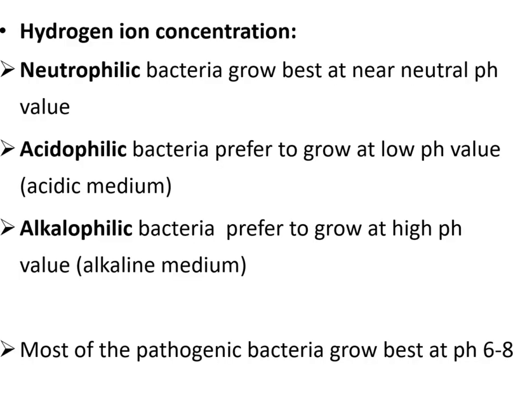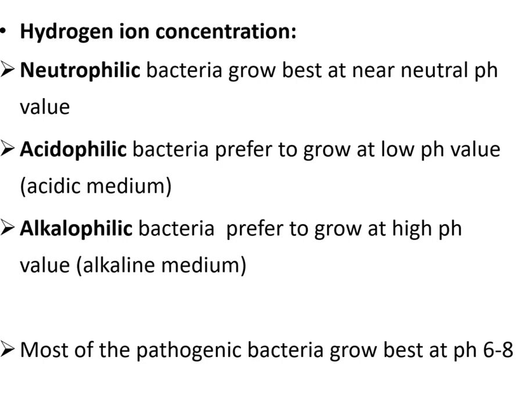Coming to the hydrogen ion concentration, that means pH level. We have neutrophiles, acidophiles and alkalophiles. You know, right, acidic pH, alkaline pH and neutral pH. The bacteria which grow at neutral pH we call neutrophiles.